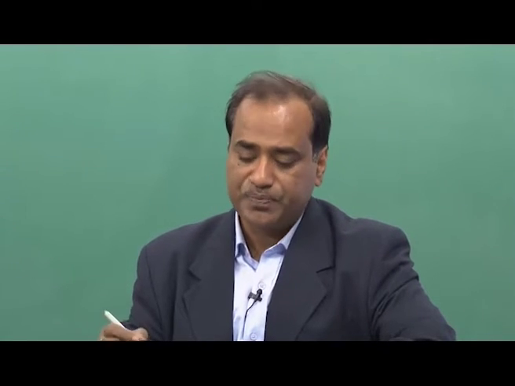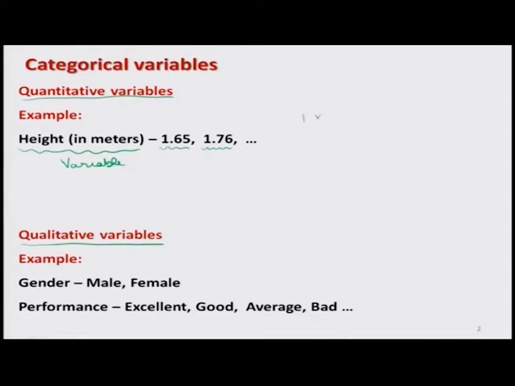For example, if there are two persons, the height of one person is 1 meter and the height of another person is 2 meters, then I can say that the height of the second person with 2 meters is twice the height of the first person whose height is 1 meter.